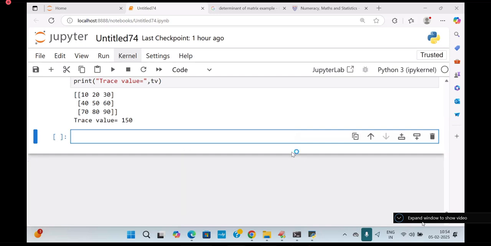Rafi, student name is Rafi. Next, Vamsi.